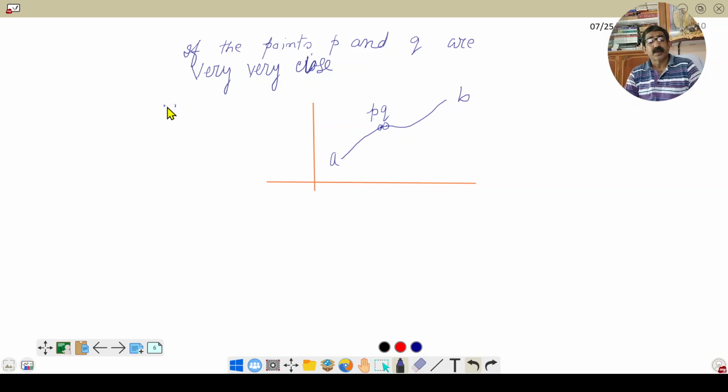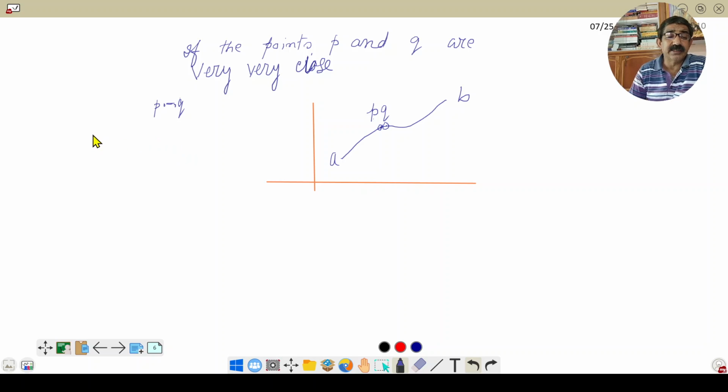Though the points are given here at different positions, they are very, very close. How close? The distance between the two points is very small. What you are imagining, it is less than that.